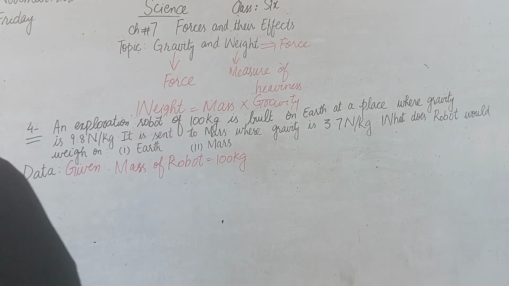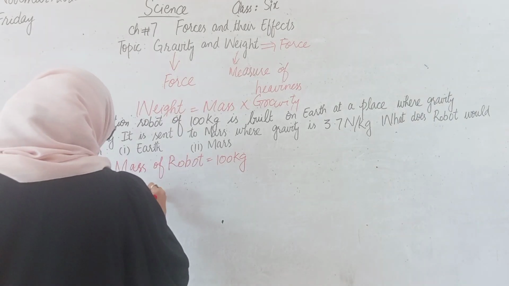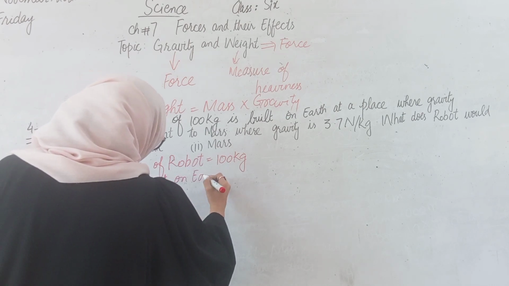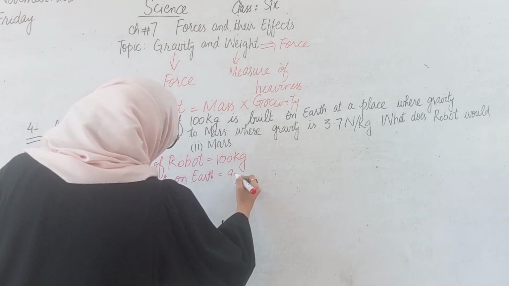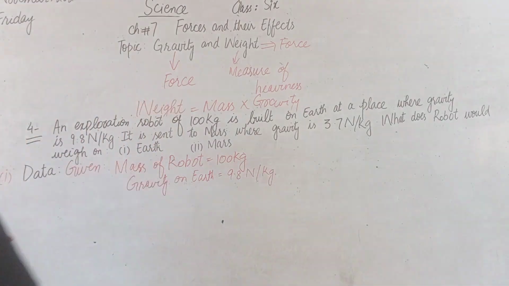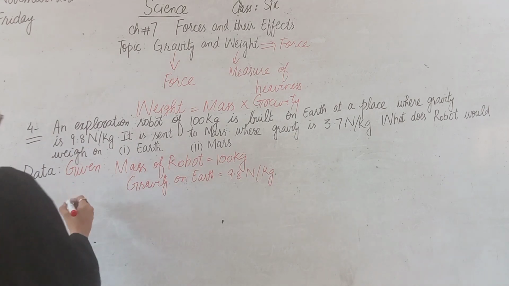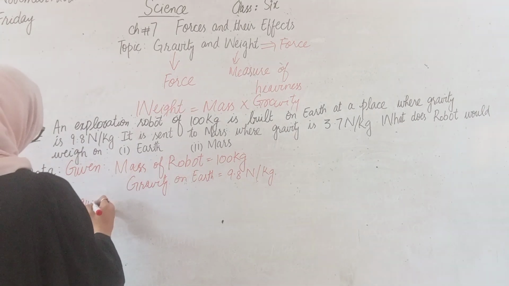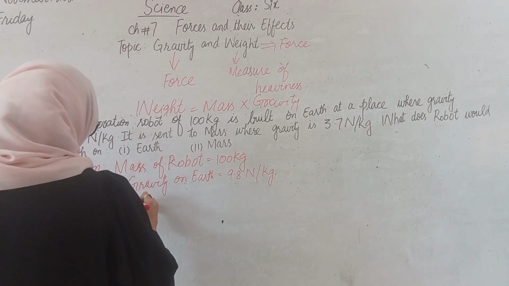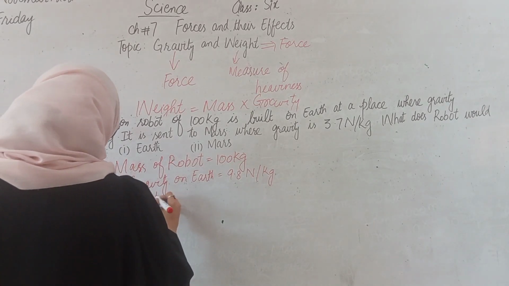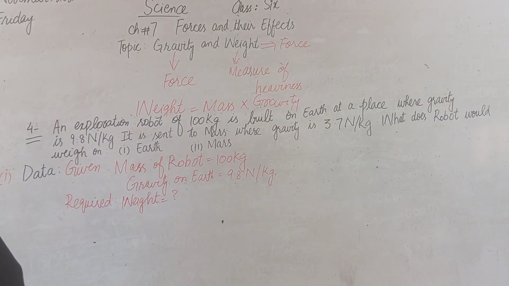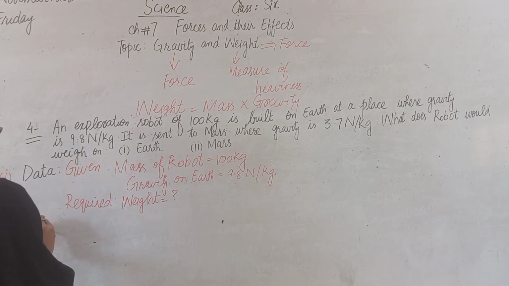We will write the gravity on Earth, 9.8 Newton per kilogram. The next part of data is required, and we require the weight that we don't know and we have to find.